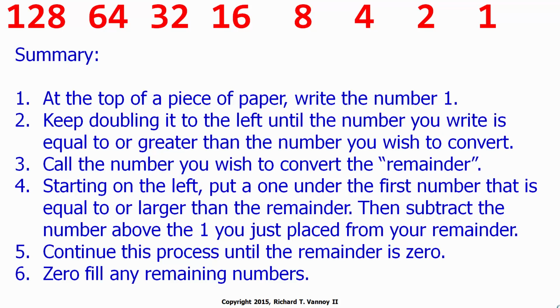When you're done, any numbers that don't have anything underneath them, put a 0 underneath and you'll be done. So that's it. That's a procedure for how to convert decimal to binary.